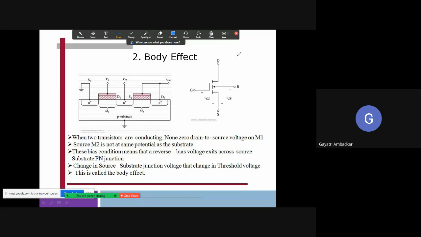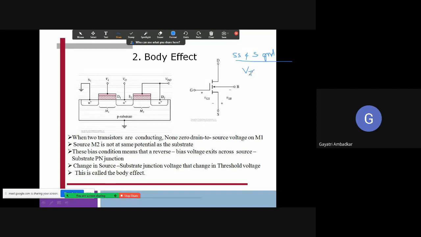When we consider a single MOSFET, the source and substrate are at the same potential, at ground potential. In this case, we define threshold voltage as the value of VGS required to form the inversion layer, or the value of applied gate to source voltage at which the MOSFET will start conducting.